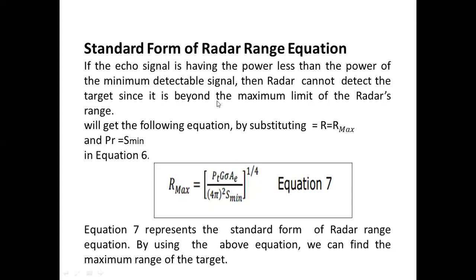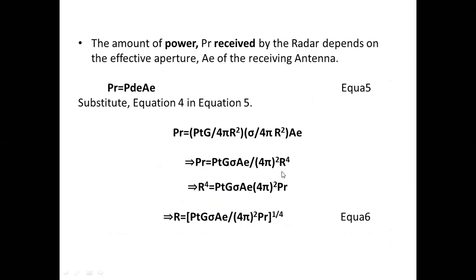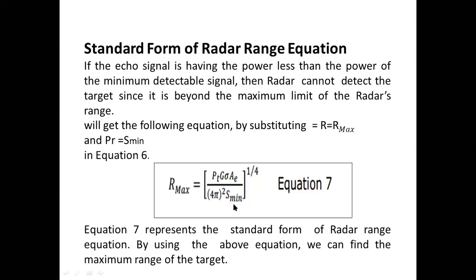That's Pr. This Pr we represent as S minimum. That means received power, that is the minimum detectable signal, the signal we have received from the target. That received signal we can call the minimum detectable signal. We are going to represent it as S minimum.